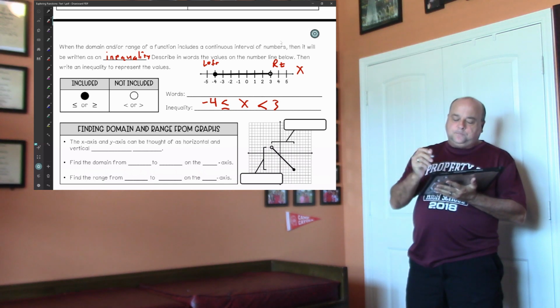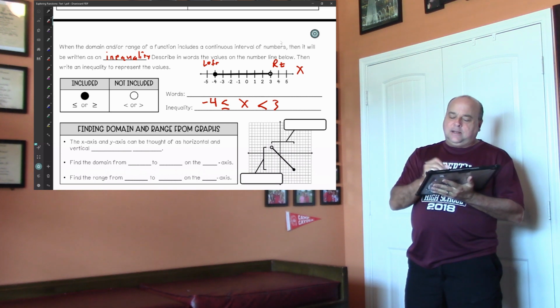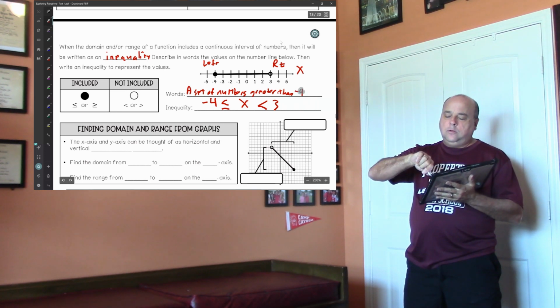So in words, you're going to write down, let's see how we write this down, a set of numbers greater than or equal to negative 4.